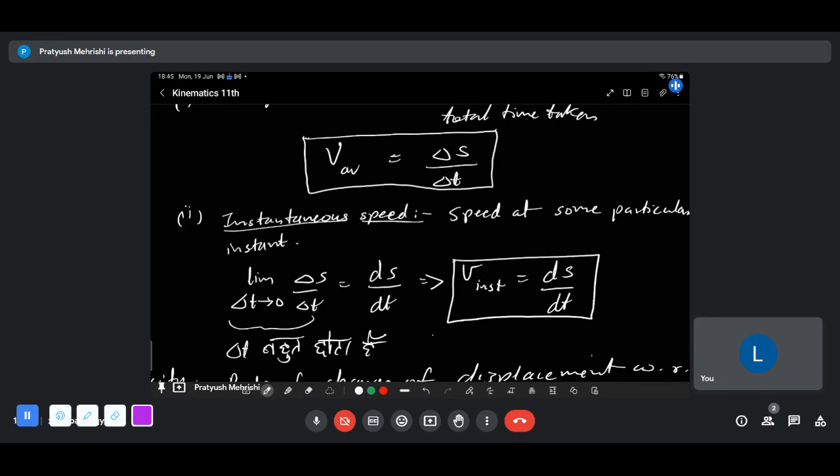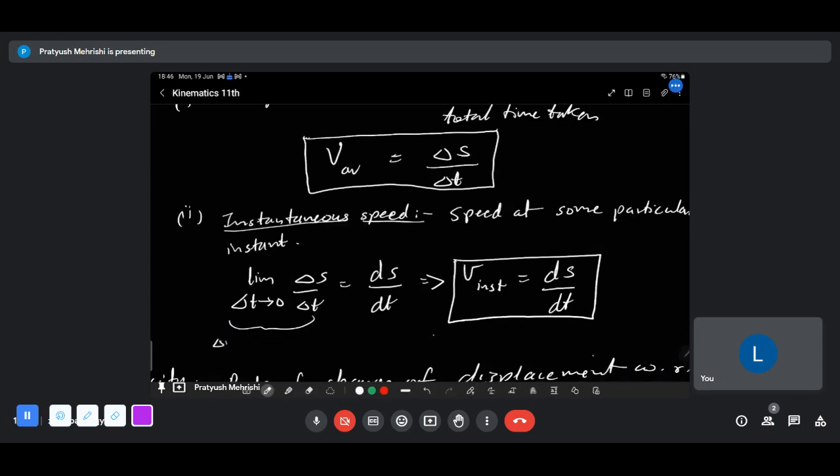We denote it as dt. Generally, we denote a small change in time as delta t, but here delta t is very small. That's why we use the concept of limit, that delta t is tending to zero.